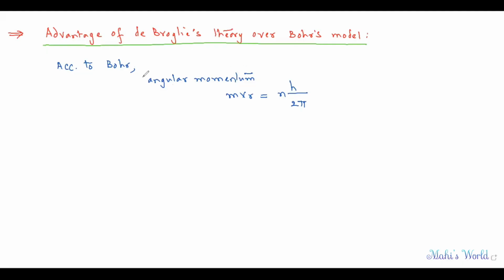And he says that this n can only have integer values. I mean, the value of n can only be in integers, but can never be in fraction. This is what is technically called quantization of angular momentum.